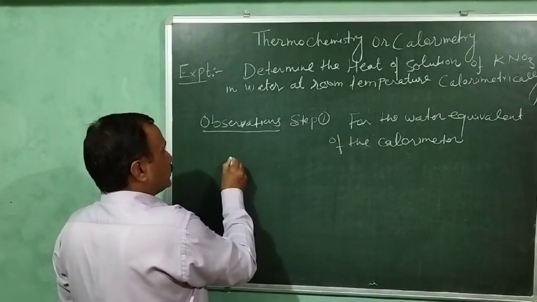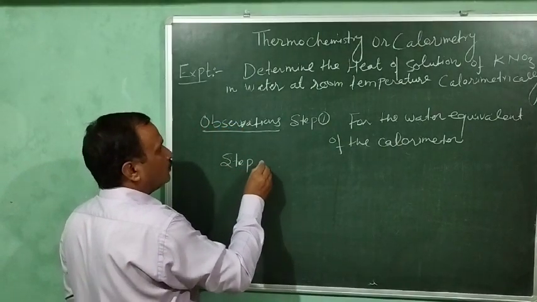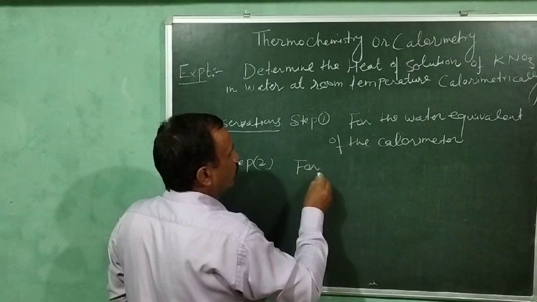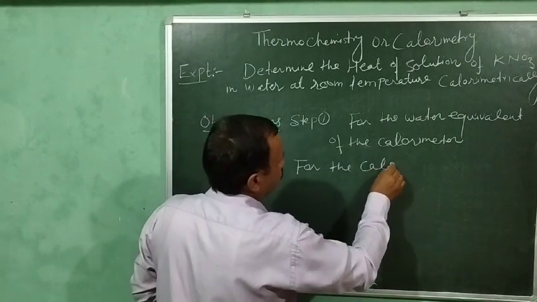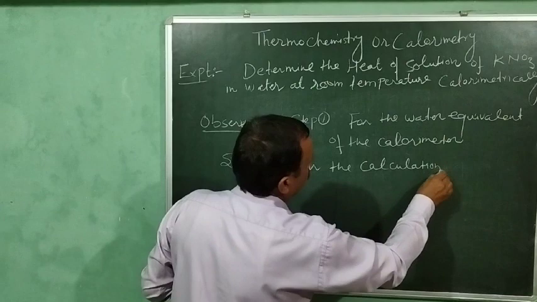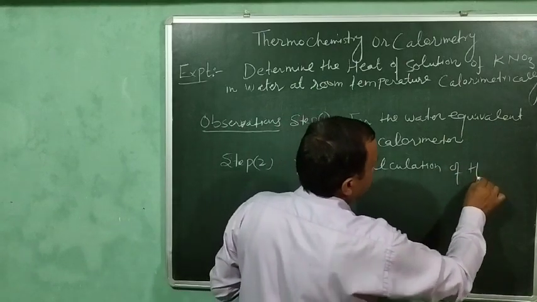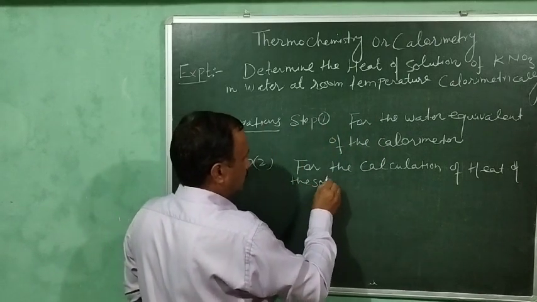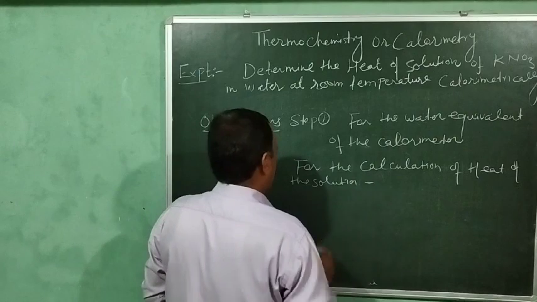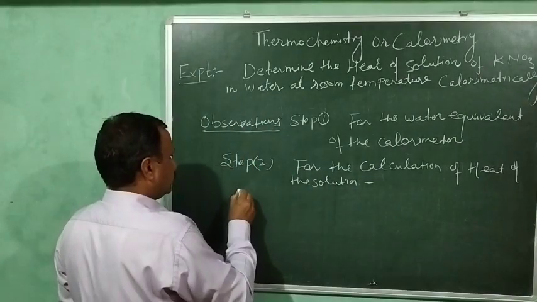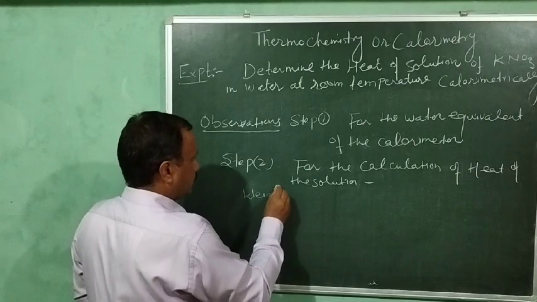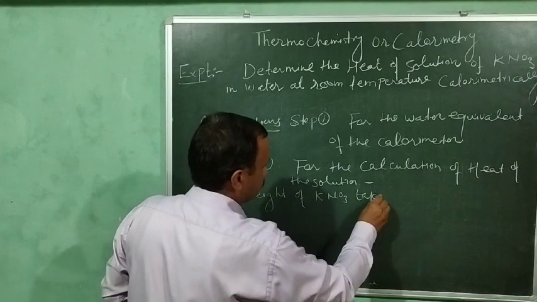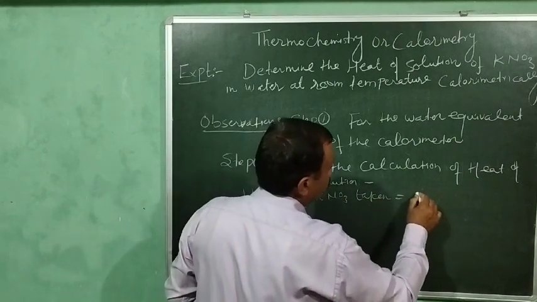And the step number 2 of your observations is the observation for the calculation of heat of the solution. ठीक है, and the observations are, that is the weight of potassium nitrate taken, it is equal to 5 grams.